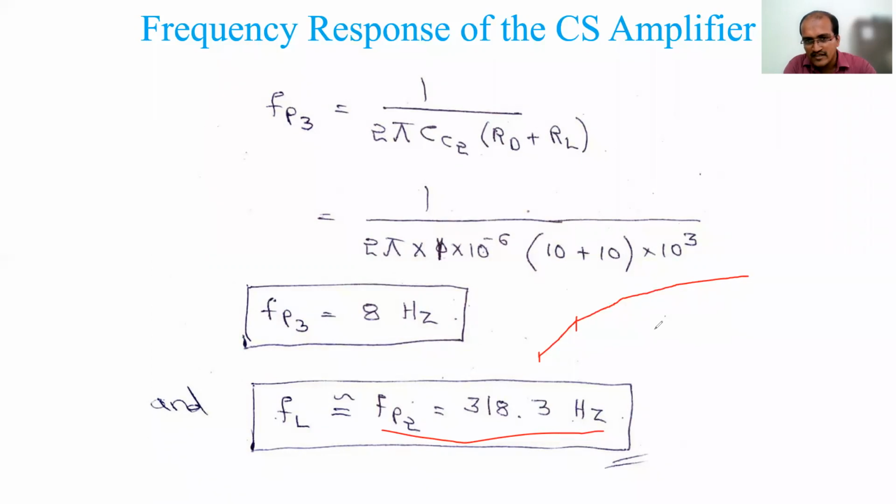There are various capacitances, and finally the dominant two are gate to source and gate to drain, that is CGS and CGD. We have derived the formulas for fH as well as fL, and we have seen the problems also. With this we have completed the MOSFET amplifier part.